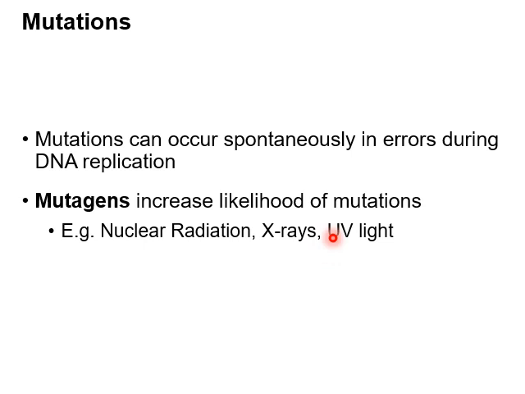UV light is another mutagen, right? So if you expose yourself to too much UV light, skin cells can accumulate mutations. And if those mutations cause those skin cells to start growing really rapidly, that's what causes skin cancer. So in actuality, another word for a mutagen is a carcinogen, right?